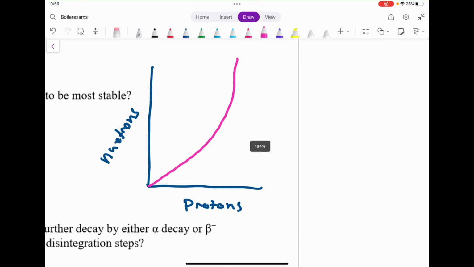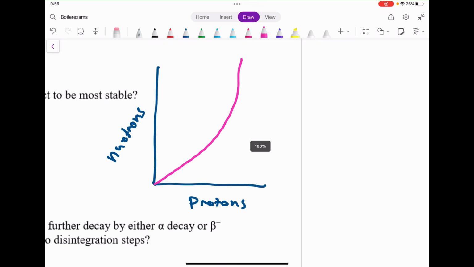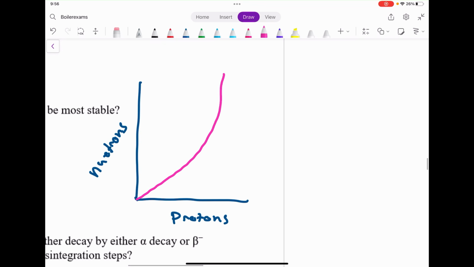So, we can predict where stuff's going to be. And also, we know that anything in this region will move closer to the band of stability through beta decay, and then you can do electron capture and positron emission if you're down there. But you can also do alpha decay up here.